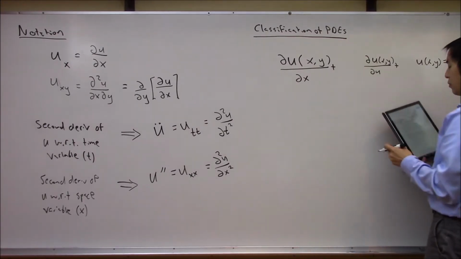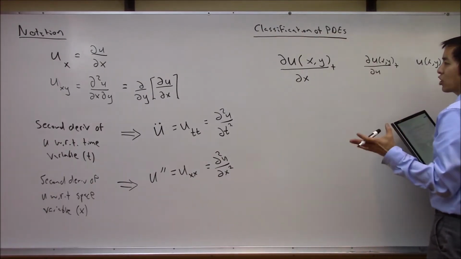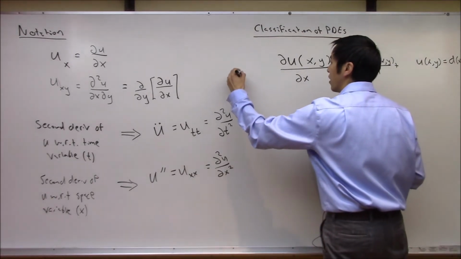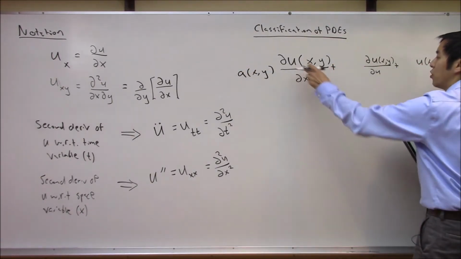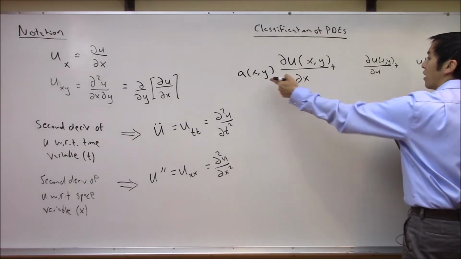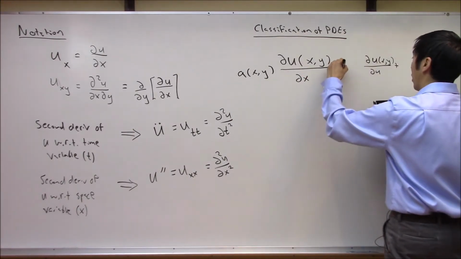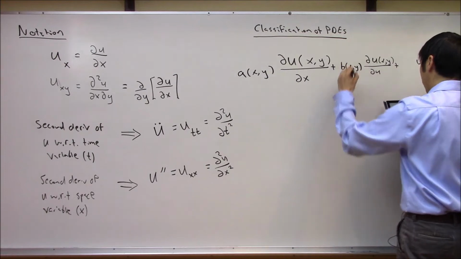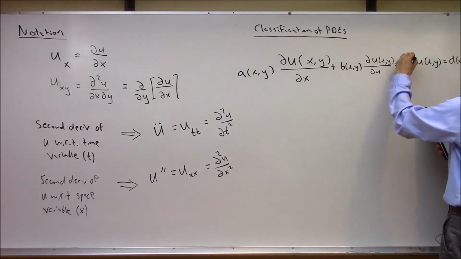It's very similar in the PDE case, except now these coefficients don't have to be constant. They can be a function of x and y, just not the function u that you're looking for itself. So you could have an a, which is a function of x and y, a b which is a function of x and y, and a c coefficient which is a function of x and y.